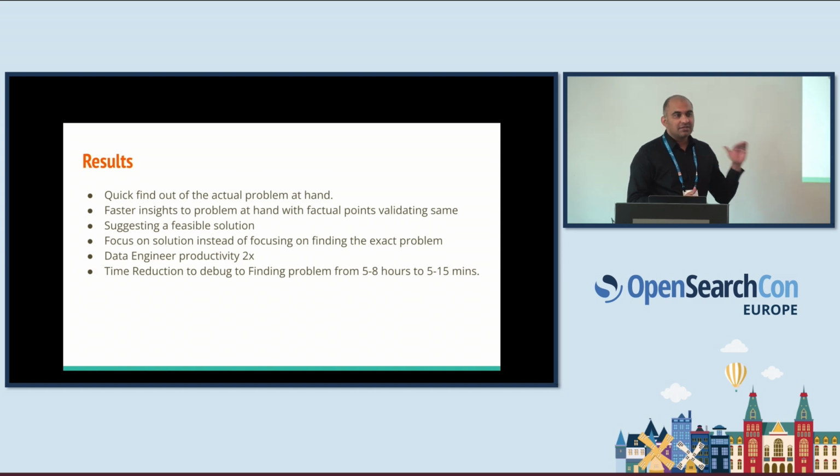So I think that really reduces the time to find the problem, and we can focus on the solution. The time to debug and find the problem is reduced from around 5 to 8 hours to around 5 to 15 minutes. That's a huge amount in terms of where an engineer spends their time.